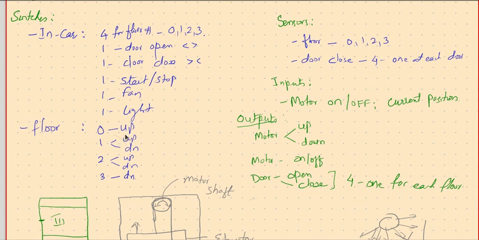So your actions depend only on a few of these inputs at any given time, not all inputs simultaneously. Now coming to the fan, does it make any sense in which floor you are? Does it make any sense in which floor you are to turn on the fan or turn off the fan?